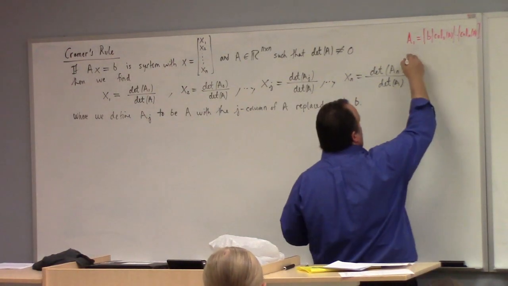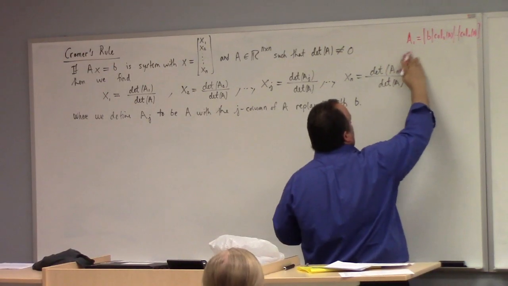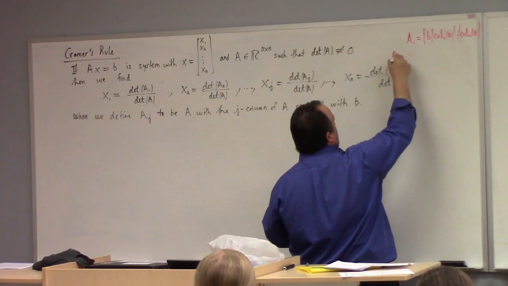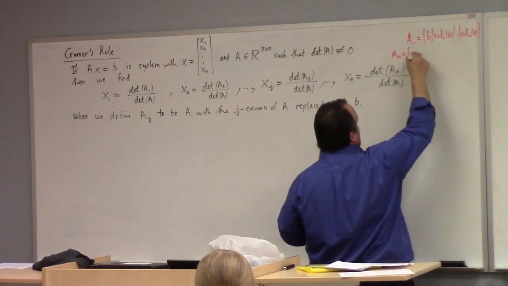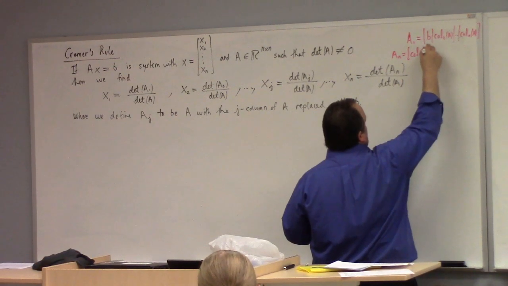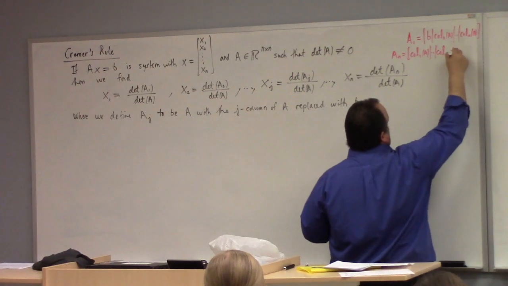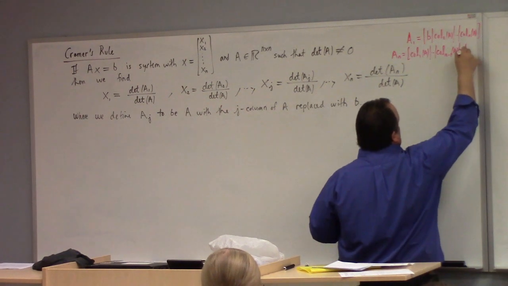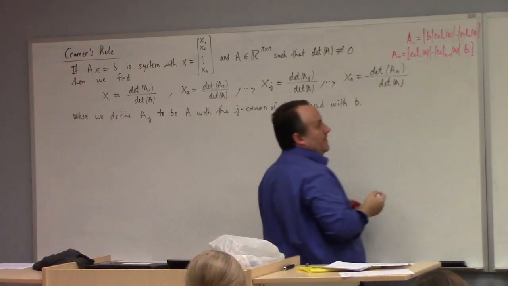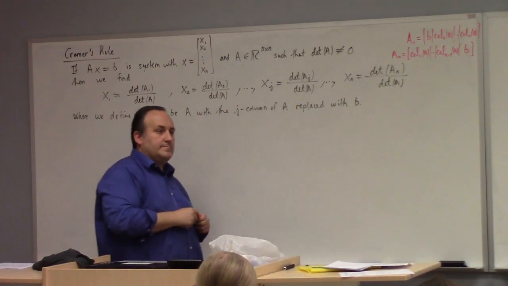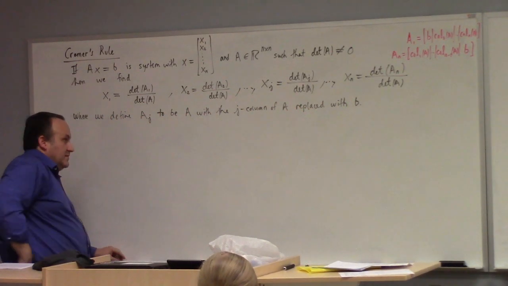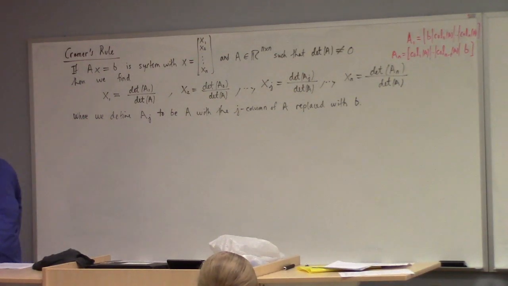And then A sub n in this way starts out with column 1, and those are left alone all the way to column n minus 1. But then in the last one, you put the B. All right? So this is Cramer's rule.